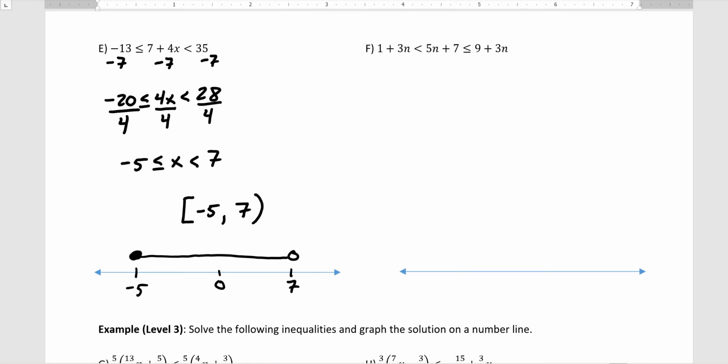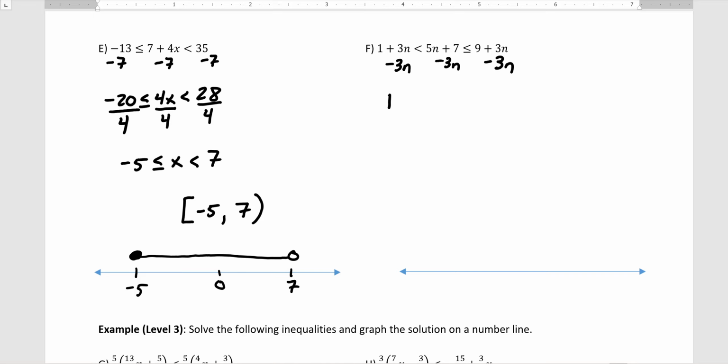All right. Looking at letter F, 1 plus 3n is less than 5n plus 7, which is less than or equal to 9 plus 3n. Woof. So again, the goal is to isolate that variable in the center. So I'm going to start by getting rid of these variables on the outside by subtracting 3n from everything.